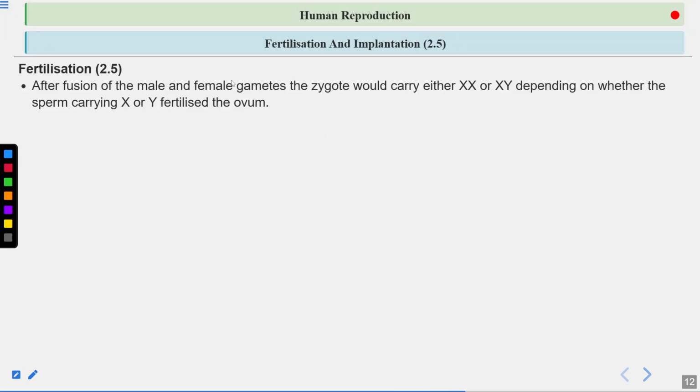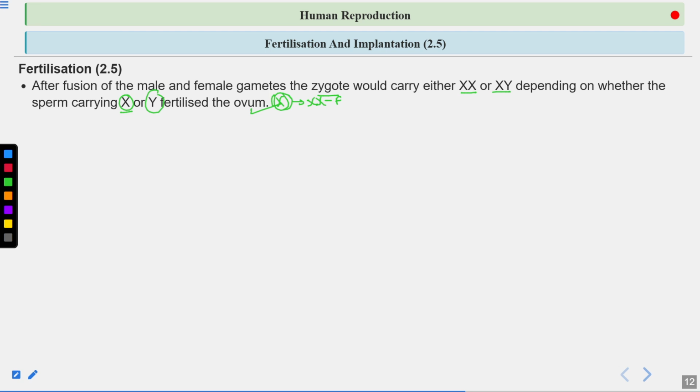Now, after fusion of the male and the female gamete, the zygote would carry either XX or XY depending on whether the sperm carrying X or Y fertilizes the ovum. The egg will always contain the X chromosome only. So when the sperm carrying the X chromosome fuses with the egg containing the X chromosome, the XX condition will be there in the zygote and it would develop into a female.